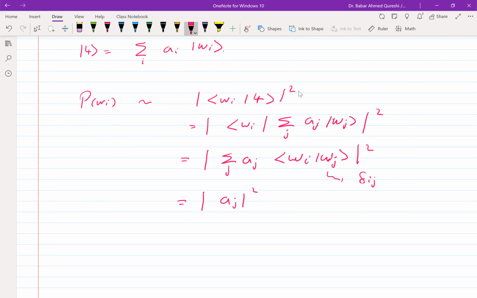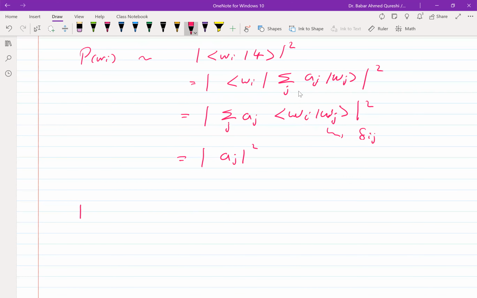So that means if I write psi as a linear combination of eigenvectors, which I have normalized. I'm assuming that I'm writing the eigenvectors in the normalized form so that their norm is 1. You can always do it.